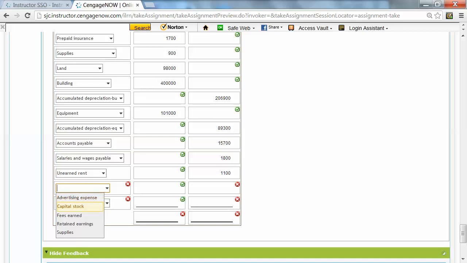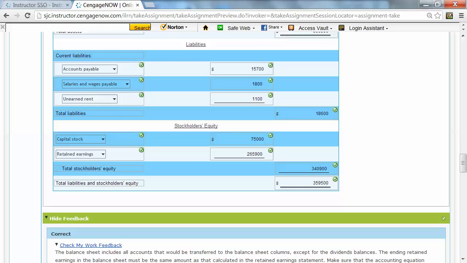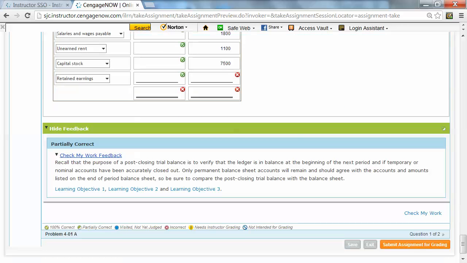Our capital stock, and that doesn't change. That's still going to be $75,000. And we're going to be putting our retained earnings in, and the retained earnings we have is $265,900.